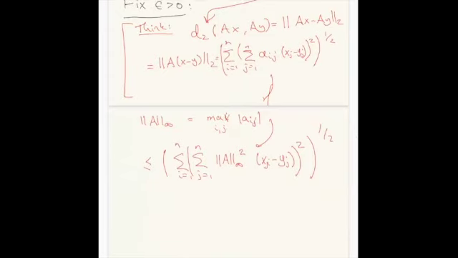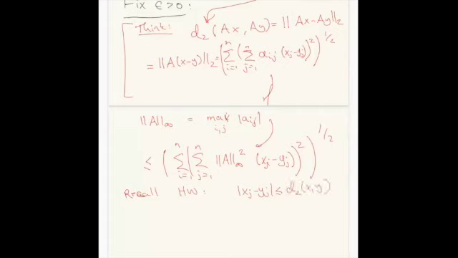Okay, now we want to get the distance in here. So let's recall the homework. So we had that xj minus yj is always less than the distance between x and y.